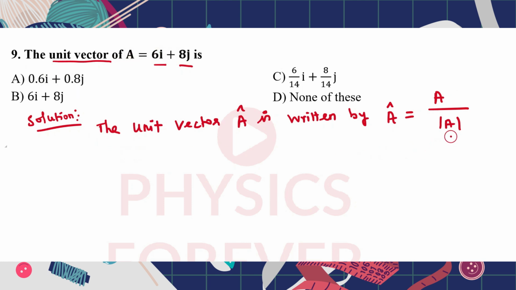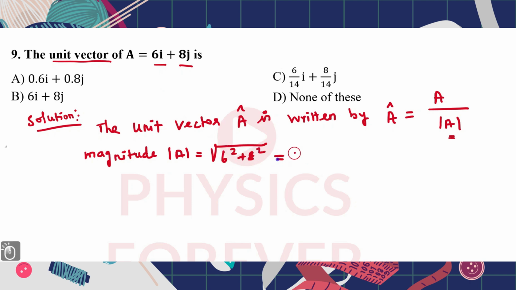First we have to find the magnitude. Just square: 6 square is 36 plus 8 square is 64. Total we get 100, rooted is 10.